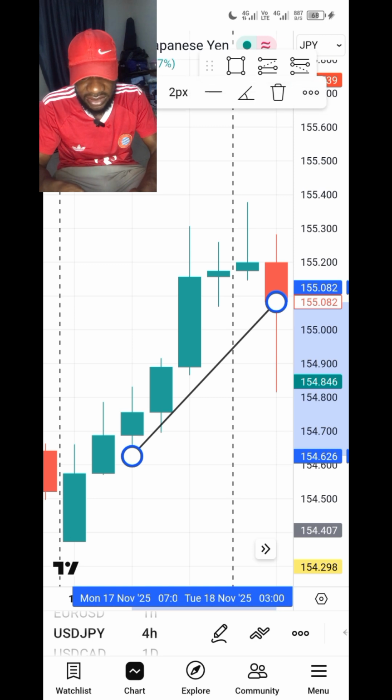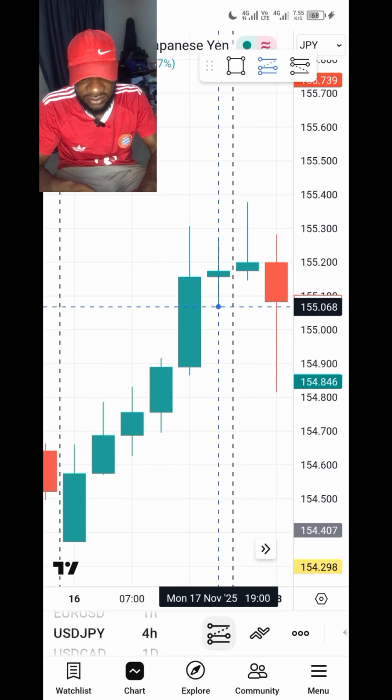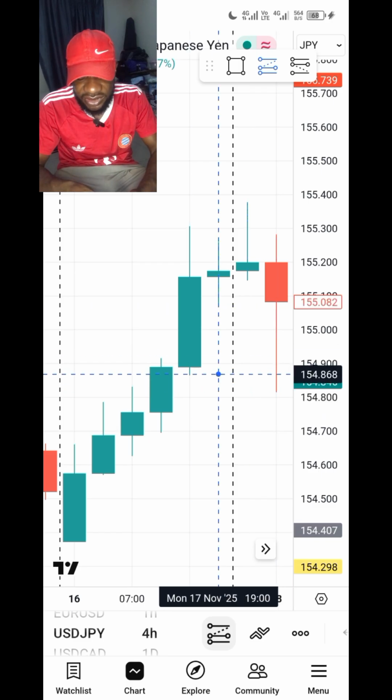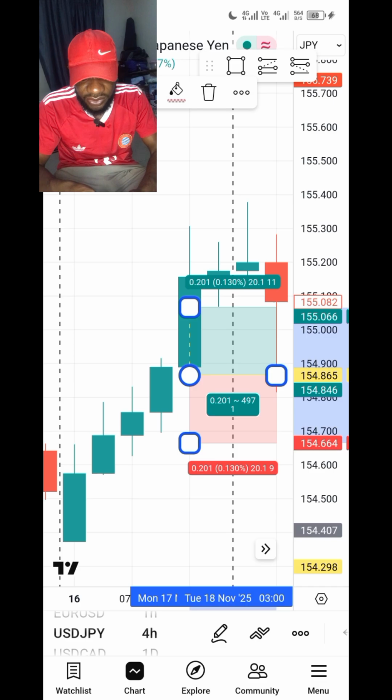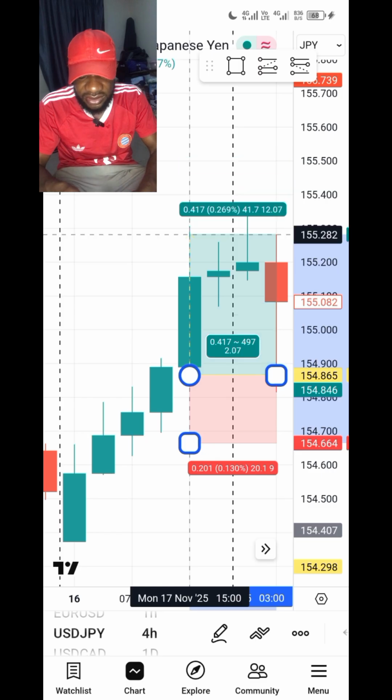There are other reasons, like the confluences in my previous video, like imbalance. Immediately price comes below these candles, those are the areas where you are going to be buying. If price comes below this candle here, you buy, you put your stop loss here, and you target the highest point price has reached. Can you see?